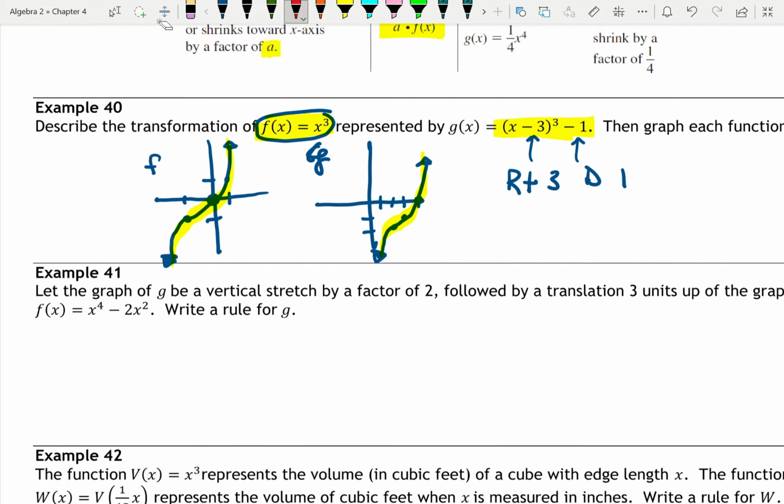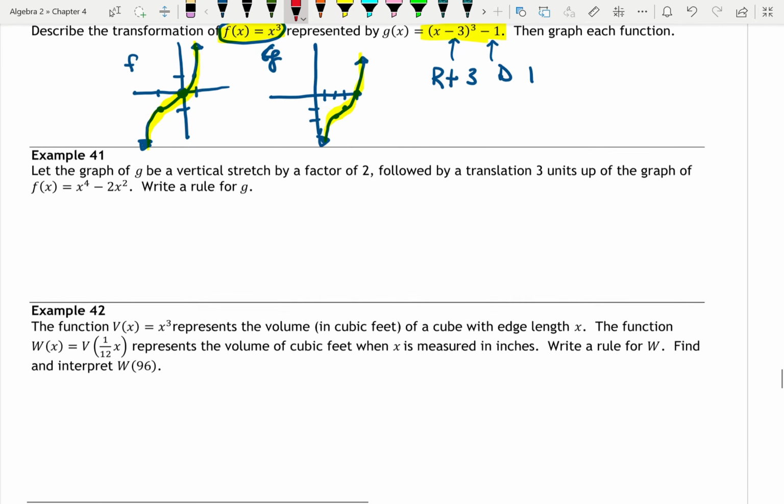For these, especially because it is a cubic, and I don't preach the cubic parent function a whole lot, I'm okay with using a graphing calculator to graph these. Like whenever we're graphing earlier in this chapter, we want to have the general shape, the end behavior, and some points on it as well.